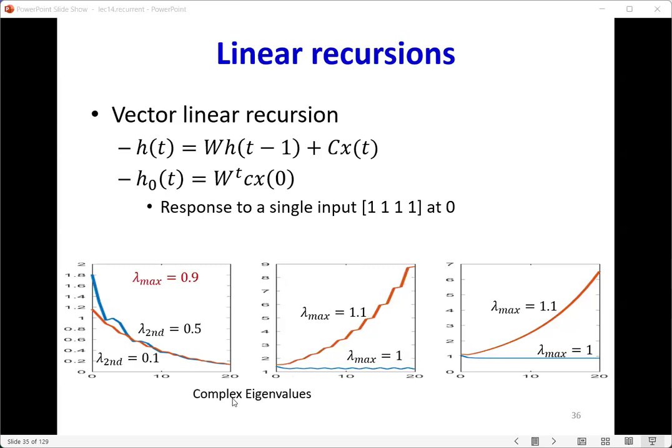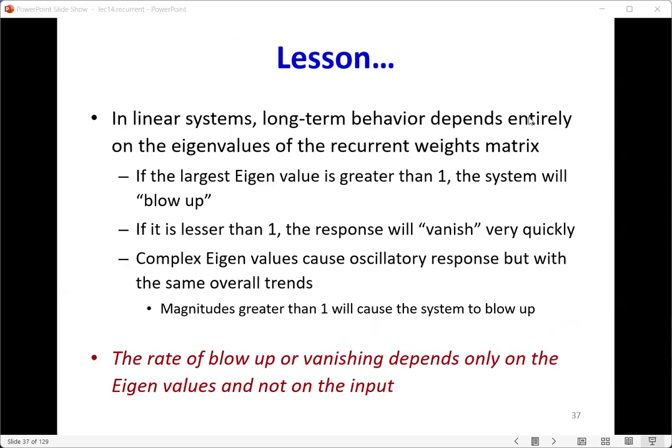But regardless, here's the thing. So these are complex eigenvalues. These are real eigenvalues. But in every single case, in linear systems, the long-term behavior depends entirely on the eigenvalues of the recurrent weights matrix. If the largest eigenvalue is greater than 1, the system will blow up. If it's less than 1, the response will vanish very quickly. Complex eigenvalues will cause some oscillatory response, but with the same overall trends.